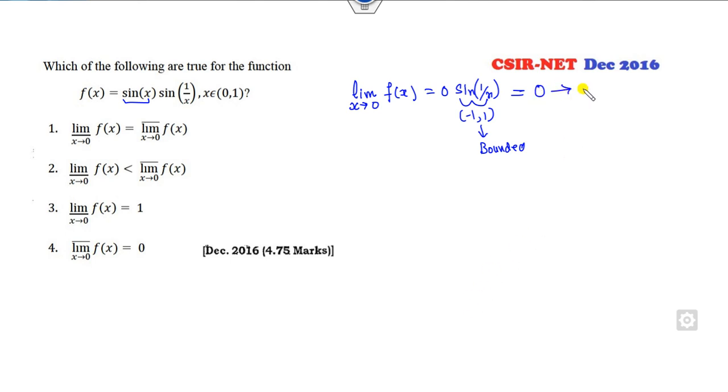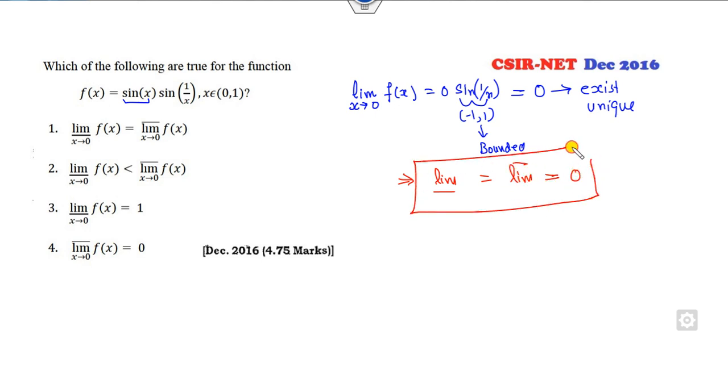That means the limit exists and is unique. So what does it imply? The limit inferior and limit superior both are equal and must be equal to 0. So this option, that they are not the same, is cancelled out. Limit supremum is again 0, correct option. They are not the same, cancel out. They are the same is the correct option. So A and D are my correct answers.